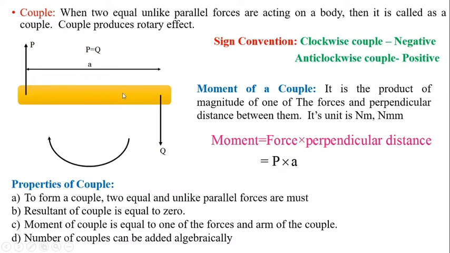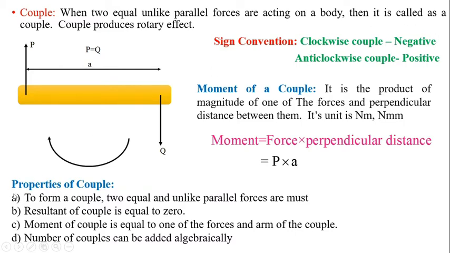This distance is A. So moment of this couple is P into A or Q into A, but P is equal to Q, so moment of this couple is P into A. Here the moment is Q into A in clockwise direction. So the couple is clockwise, and if you are adding a number of couples, you should give a negative sign for this couple.